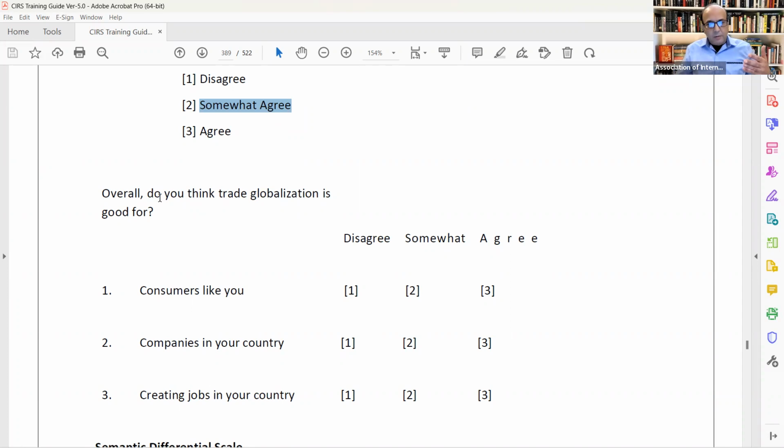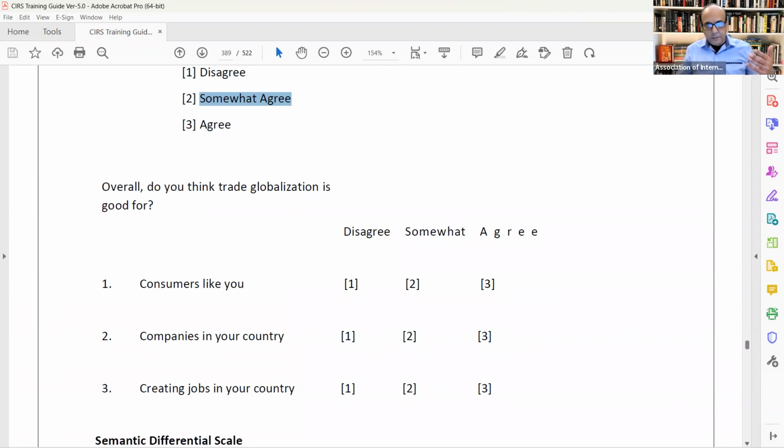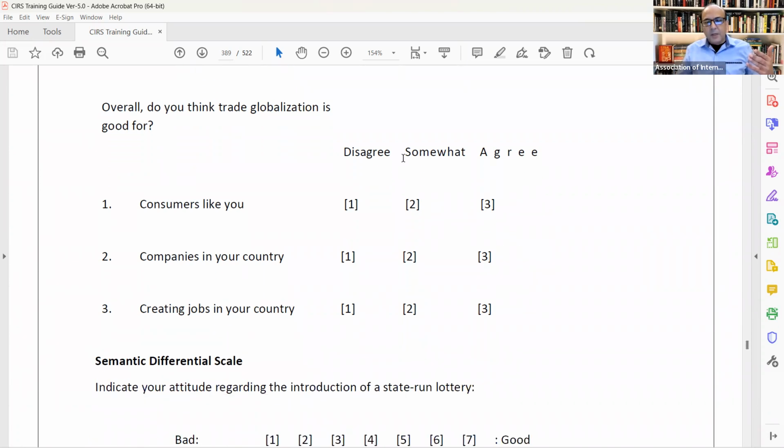So overall, do you think trade globalization is good? Disagree, somewhat, or agree? Then, as a consumer like you, or companies in your country creating jobs, there could be a subset of those questions, and you could give them more of an option to further reinforce what they have selected earlier. They might change the entire perspective that you have obtained from the results.